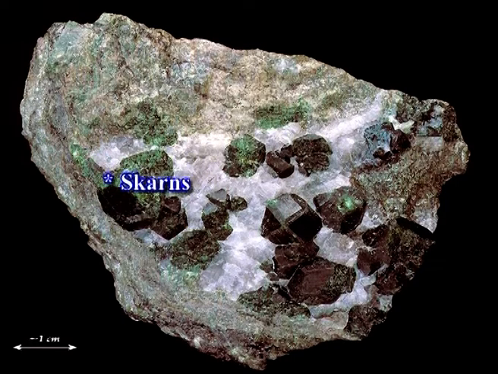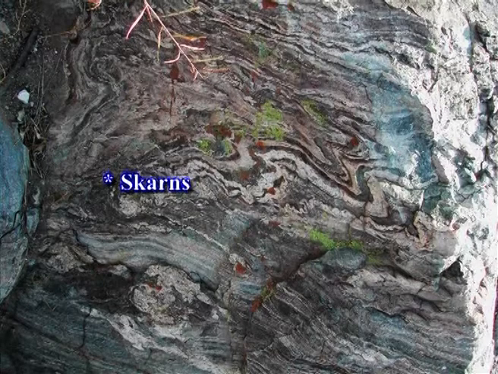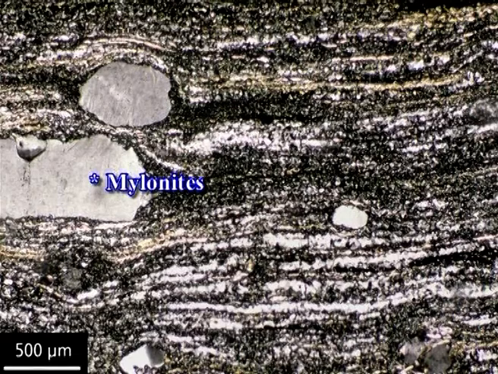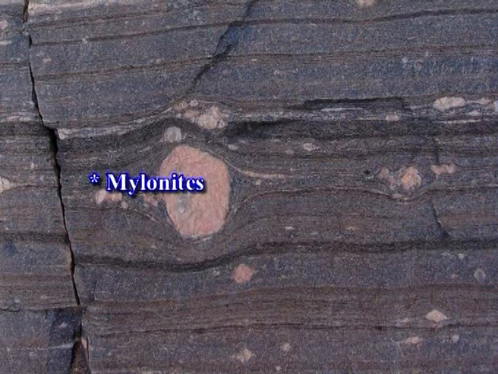Skarns are rocks that originate from contact metamorphism of limestones or dolostones and show evidence of having exchanged constituents with the intruding magma. Mylonites. Mylonites are cataclastic metamorphic rocks that are produced along shear zones deep in the crust.